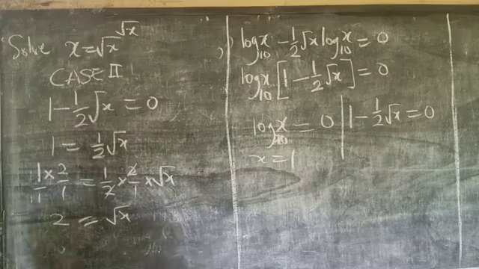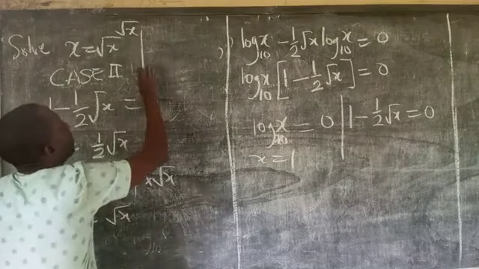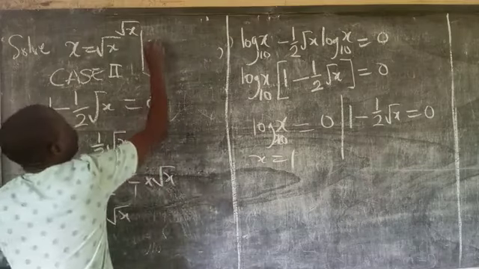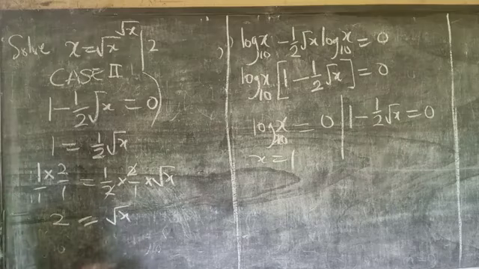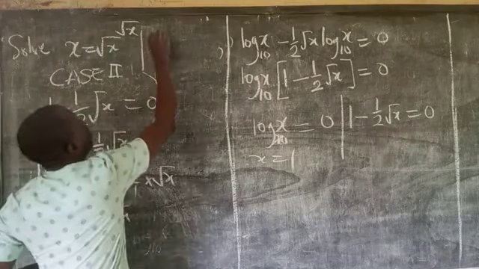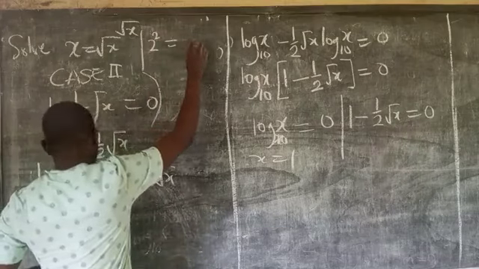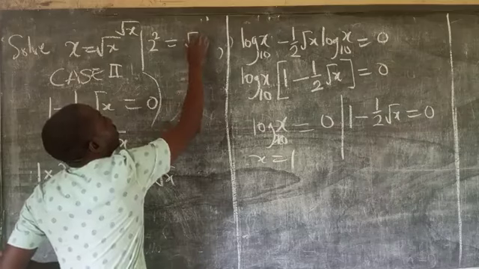If it is root s, where can we go from here? So we have 2 equals root s. If we decide to square both sides, like I said before, all we are doing is to ensure that s stands alone. If we square both sides, it will be 2 squared equals s.